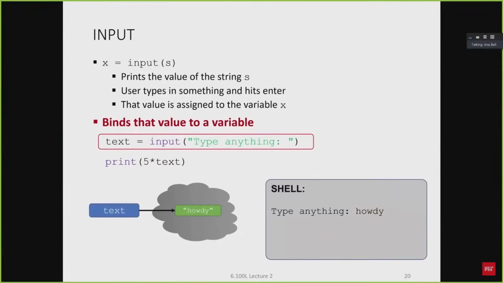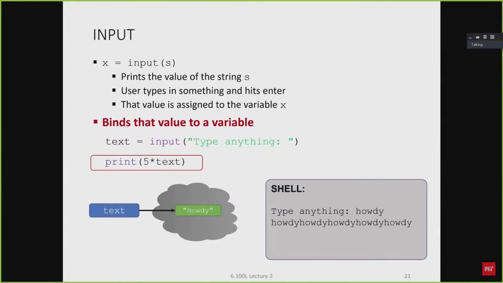We're going to assign this variable and bind it to this particular string of characters. Now the next line is easy. We're going to print the result of repeating text 5 times, so the print will show on the shell howdy, howdy, howdy, howdy, howdy, whatever the user typed in, 5 times.